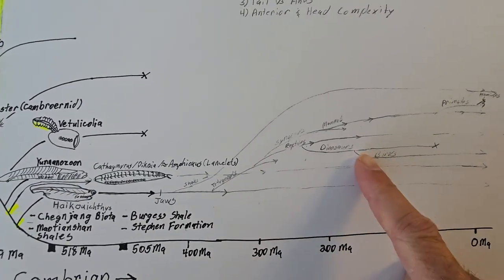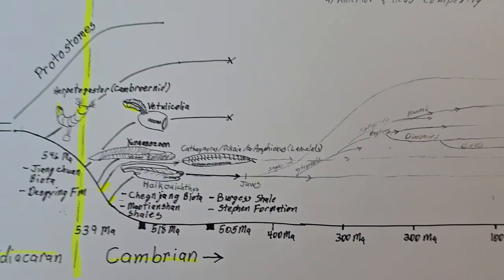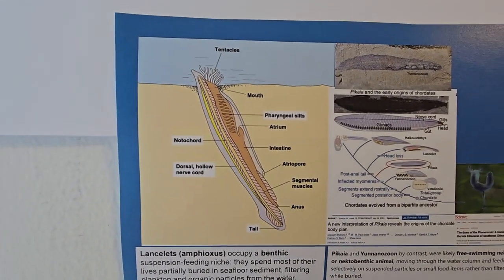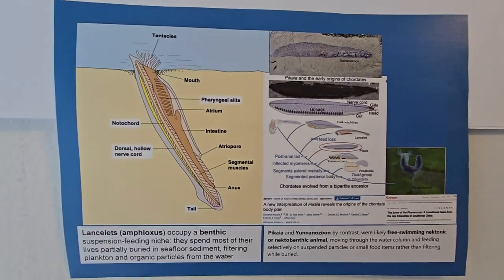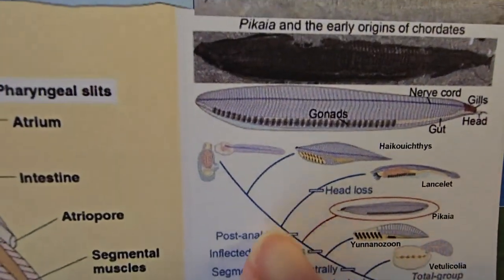This is a very competitive niche. Whereas some animals want to take a different path and become these benthic filter feeders. And that saves them and makes them an easier life. And that's very similar to what also the tunicate would have done.